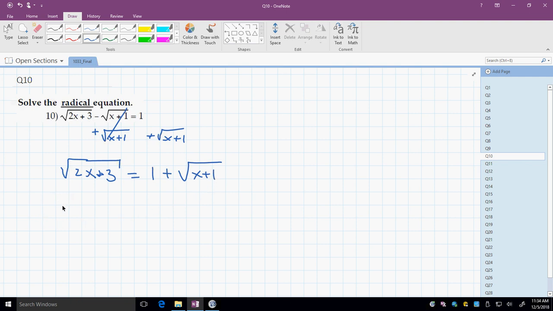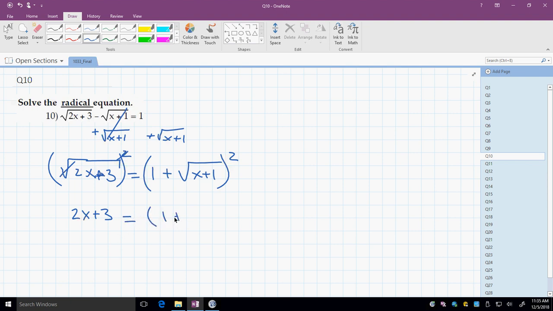The only way that you can solve these is, because there's no way that you can get anything out of here, by raising everything to the second power. These two break with the square root, and you can get the stuff out. So the 2x plus 3 now is free. Here, it's a little bit more work.